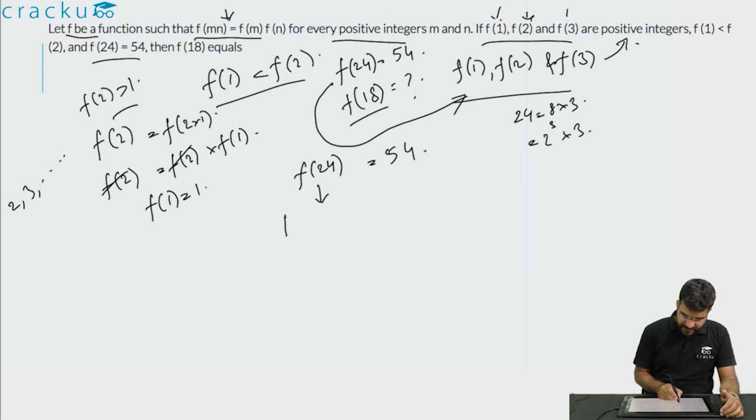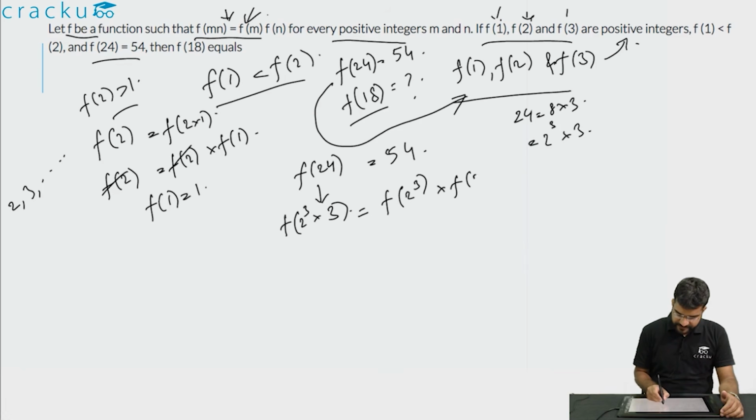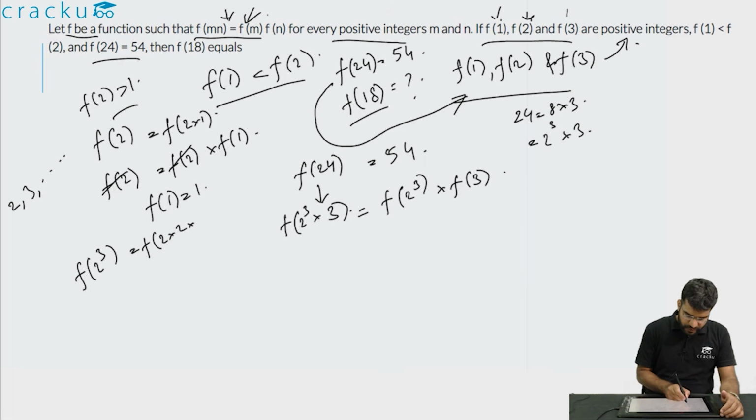So f of 24 is equal to f of 2 cube into 3. But again from the equation of f of mn, we know that this is equal to f of 2 cube into f of 3. Now f of 2 cube is equal to f of 2 into 2 into 2.